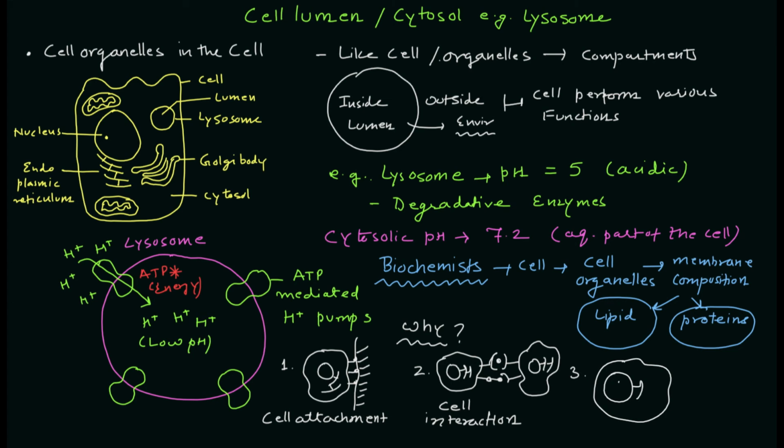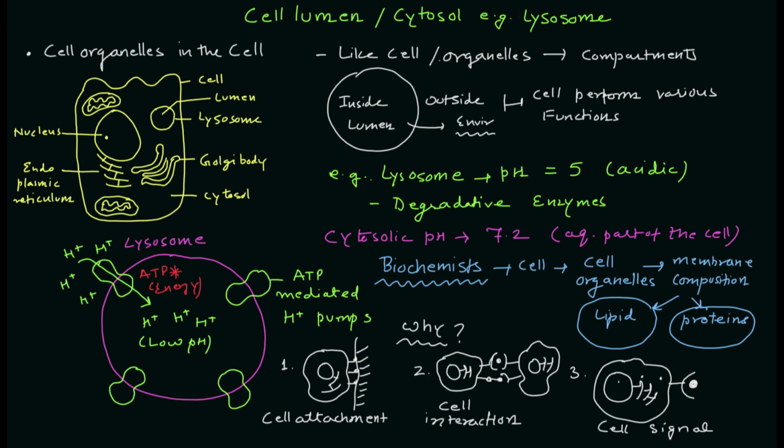Third, it may also receive signals from the environment. So based on these different types of proteins, you can understand the function of a specific cell. That is why it is important to understand the membrane, what proteins are present on the membrane, and what kind of environment is present inside that organelle or inside that cell.